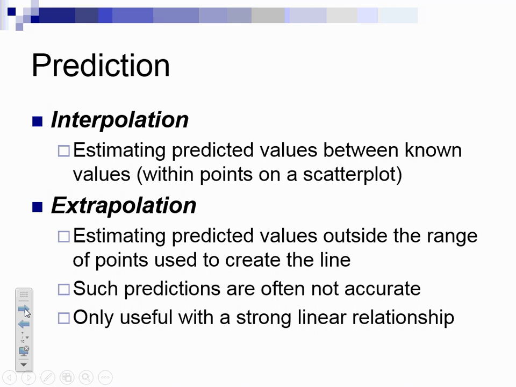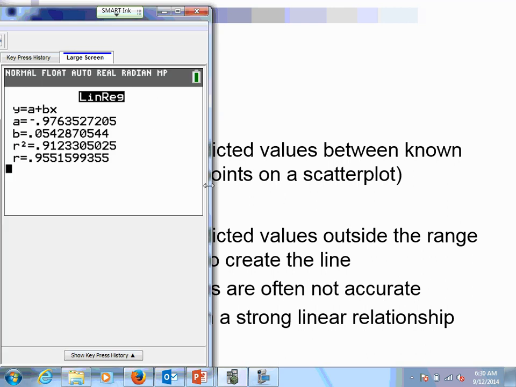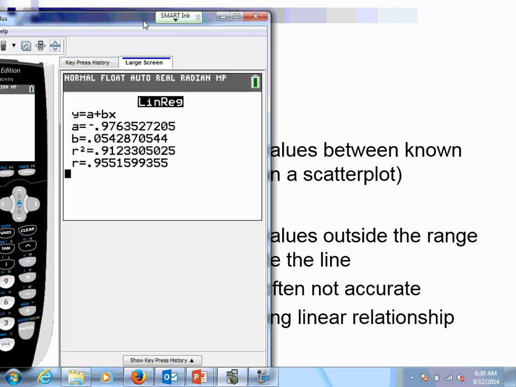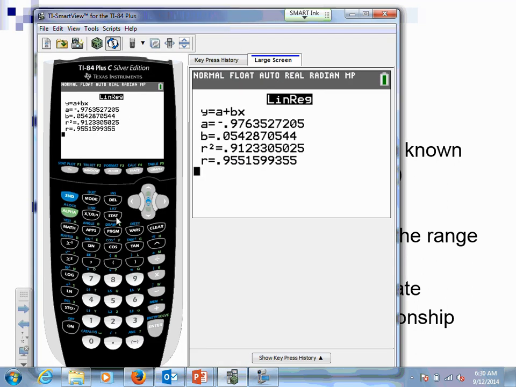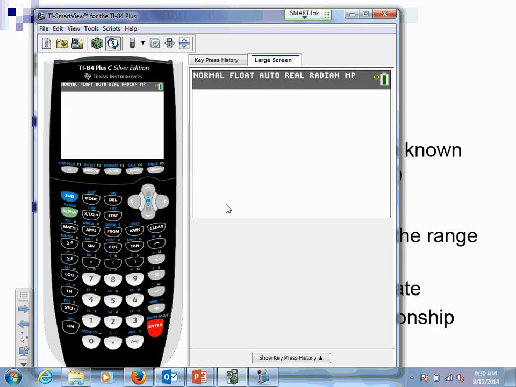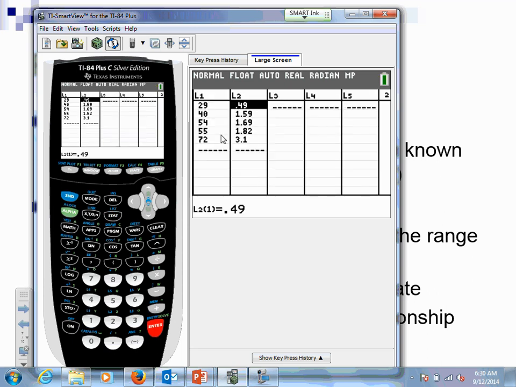So let me pull up our graphing calculator again real quick, and let's look at our data value. What do I mean by interpolation and extrapolation? If we go back and look at our set of data, if we're going to interpolate, that means we're only going to input values between 29 and 72. That was the range of my x values. Those are our known values.